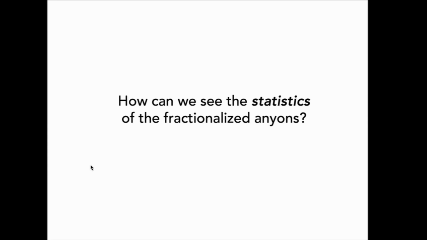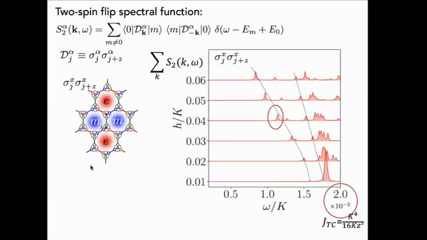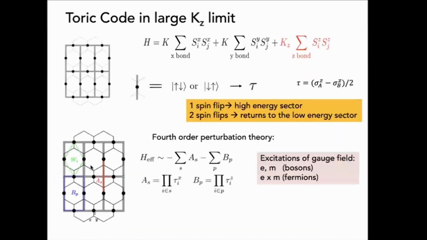Sorry, go ahead. Could you remind us how the tau was defined? Yeah. The original qubits were sigma at each site of the honeycomb.